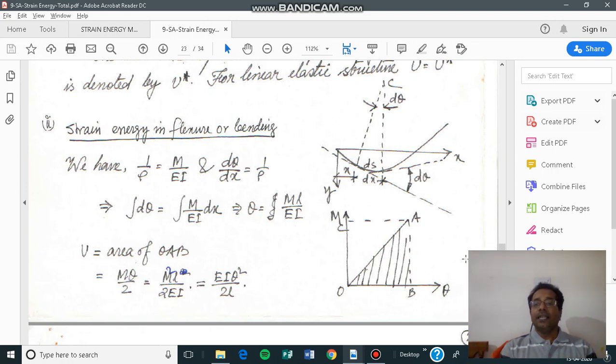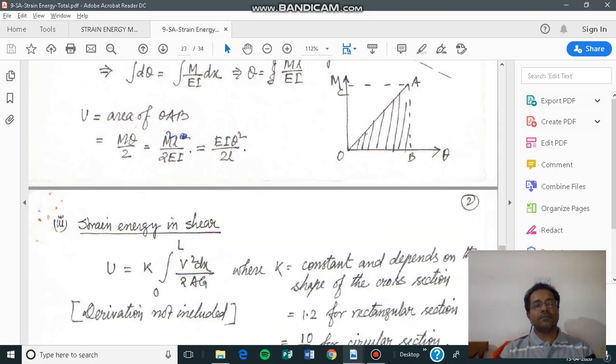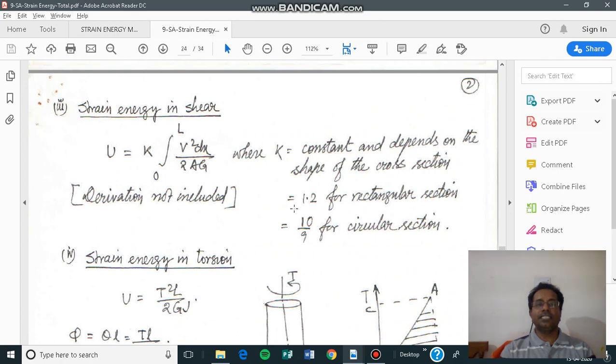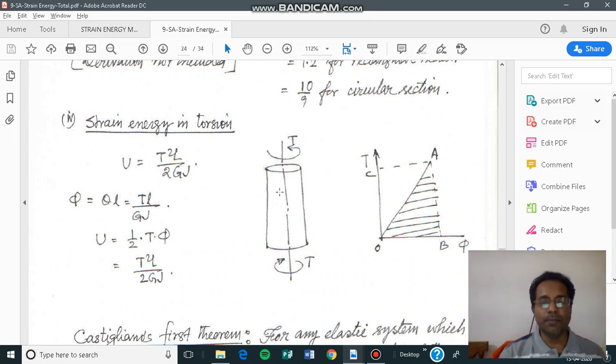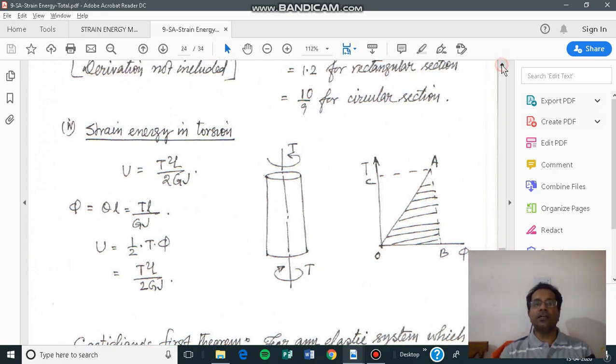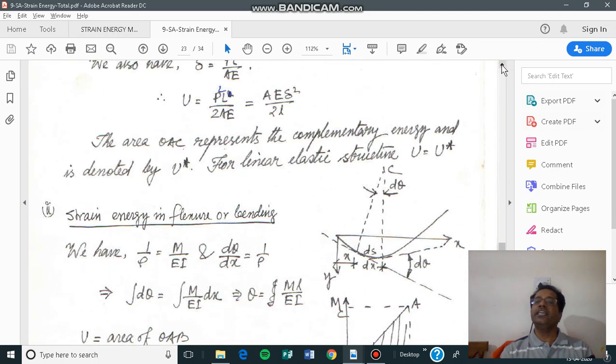Now similarly you can also calculate the strain energy for the shear force. This expression is derived. Similarly, you can also calculate the strain energy for torsion as well. But for your beam problems, the predominant force is the bending moment. The strain energy due to bending moment is so significant that the strain energy due to torsion, shear, and axial force can be ignored.